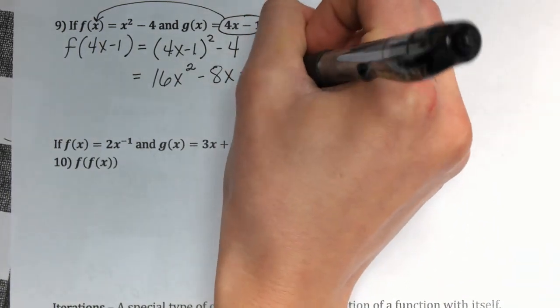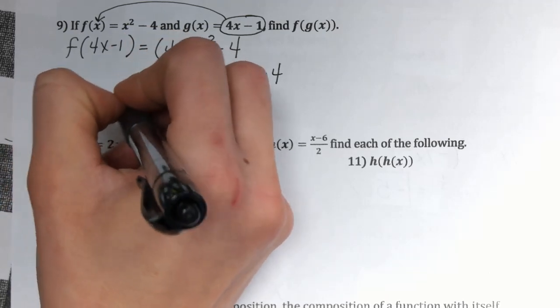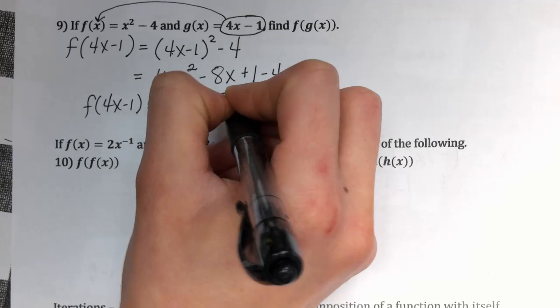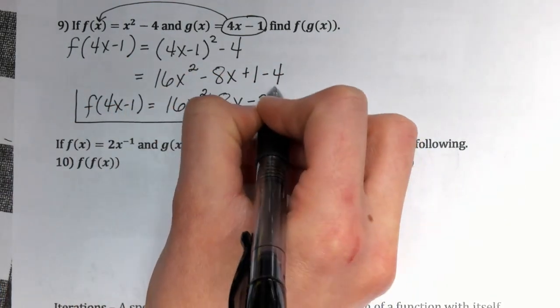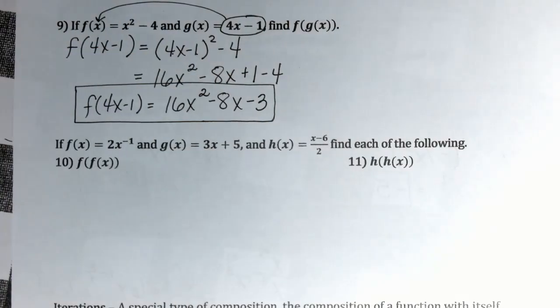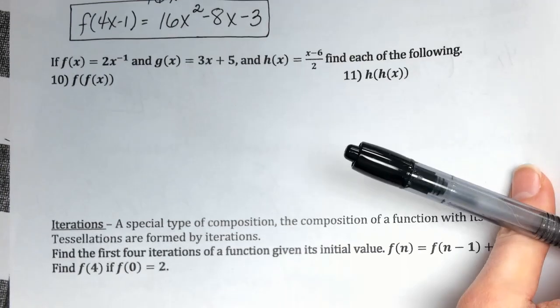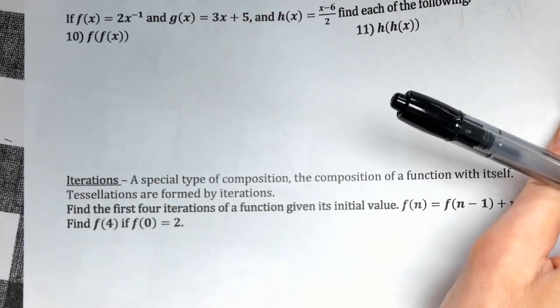Then I have minus 4. So f of 4x minus 1 is equal to 16x squared minus 8x minus 3. Do we understand that when it's a function? Okay.